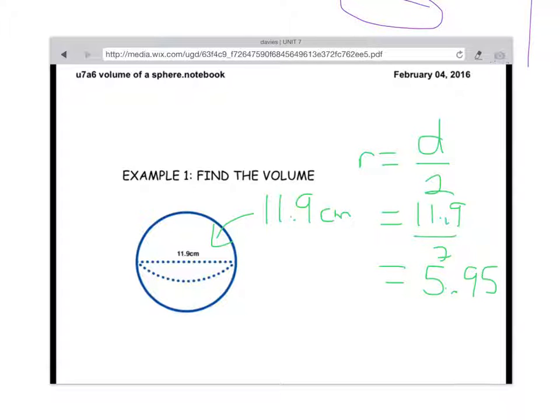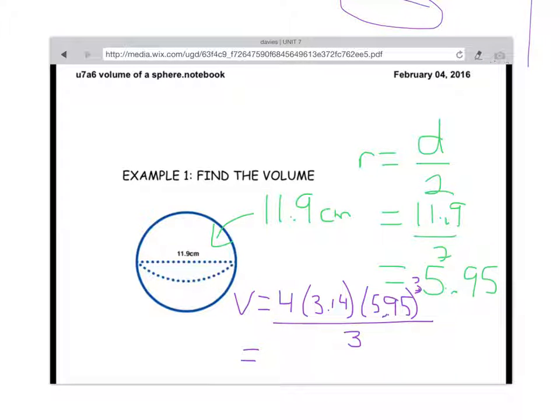So now to find the volume equals 4 times 3.14 times the radius cubed, 5.95 to the exponent 3. When we're done there, we're going to divide our answer by 3.